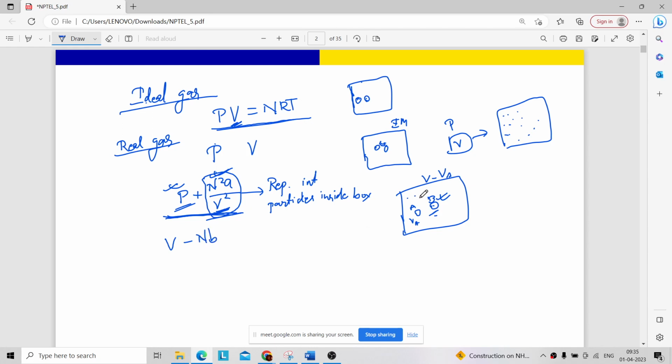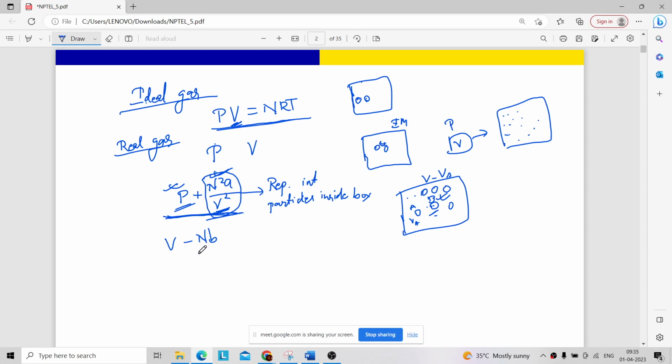If there are n particles, then this B particle can't occupy their space, right? So the available volume for the B particle will be the total volume of the box minus the total volume occupied by these molecules, right?